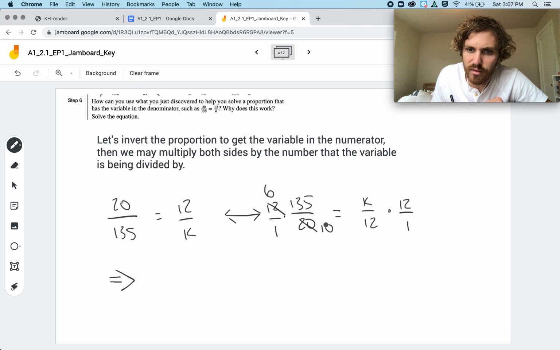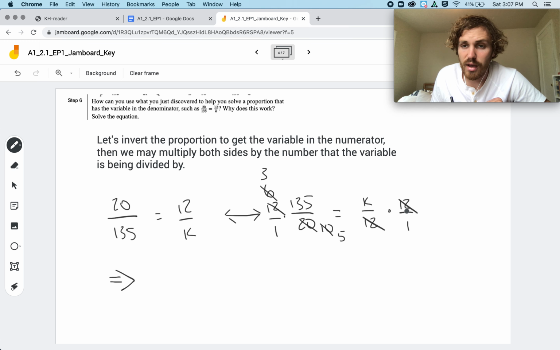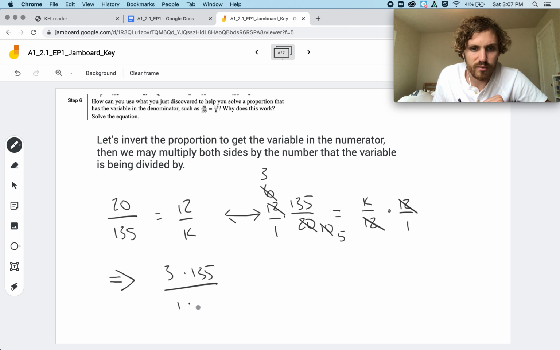That simplifies a little bit. We could also make this now 3 and this 5. So we're just simplifying by dividing both of those numbers by the same thing. And here we could just cancel them out because 12 divided by 12 is 1. So now what we actually have is 3 times 135 over 1 times 5 is equal to k.